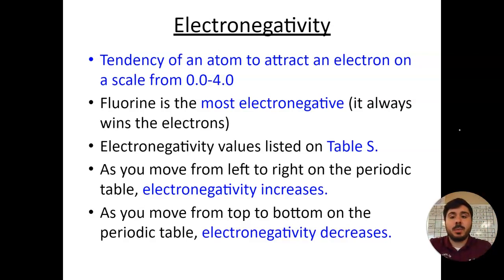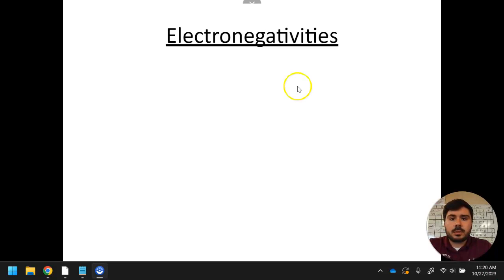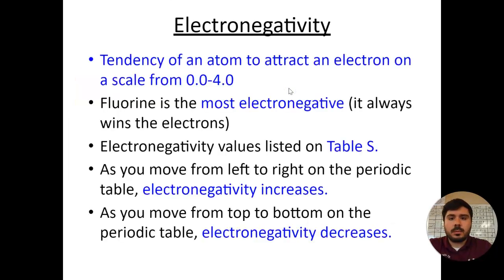When I say it's the most electronegative, I also mean that fluorine is the 4.0 on the scale.